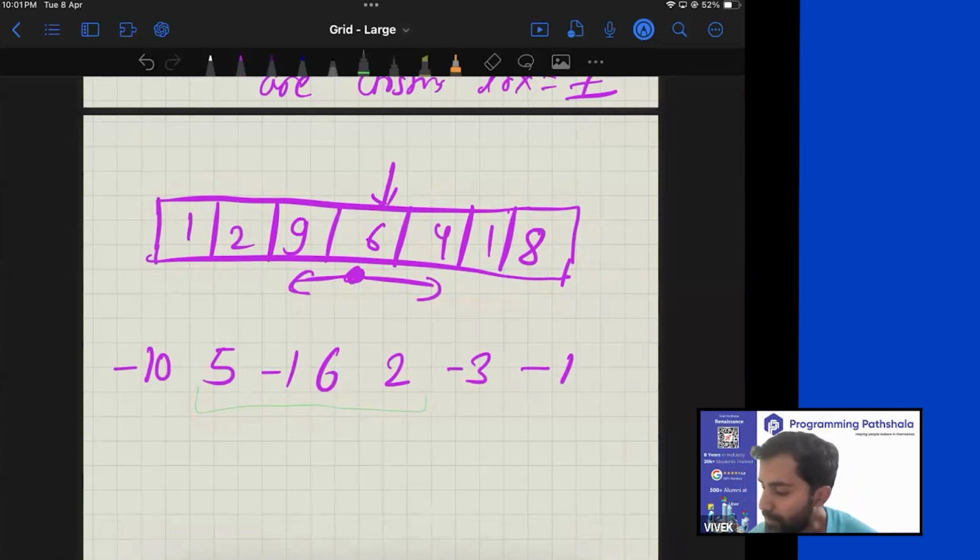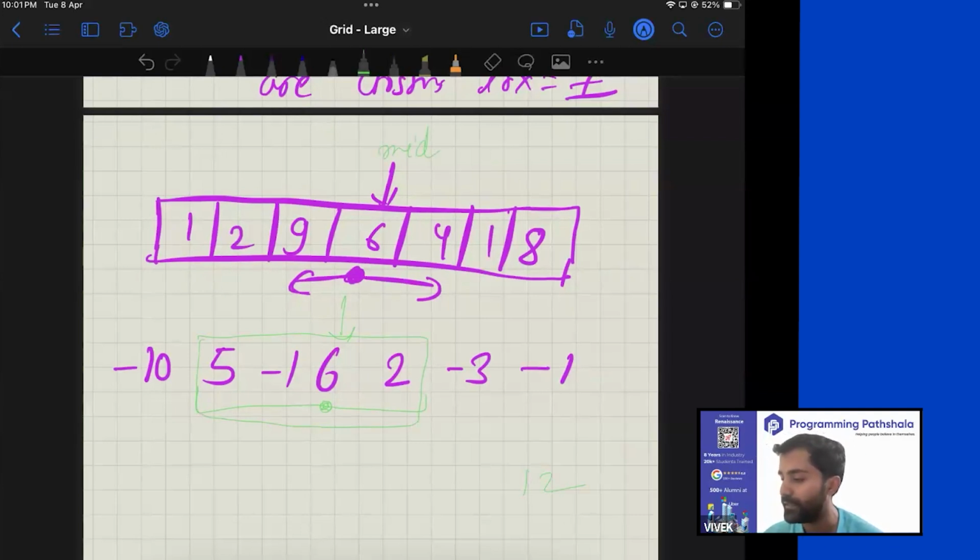Here, this was your middle point, and whatever was your answer was crossing through 6. You found out that this one had the largest sum, and that sum was 12. You said your answer is 12, and your job is done. But what I'm saying is that this is one possibility, that your answer passes through the middle.